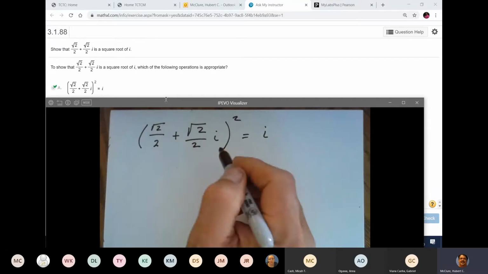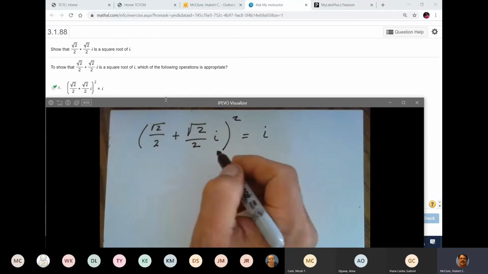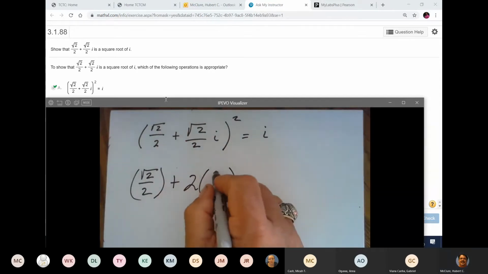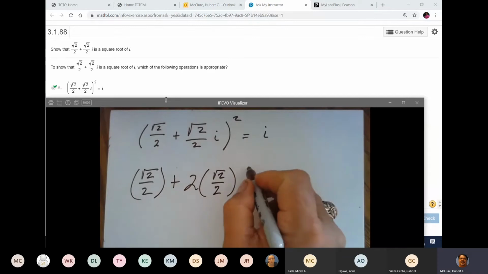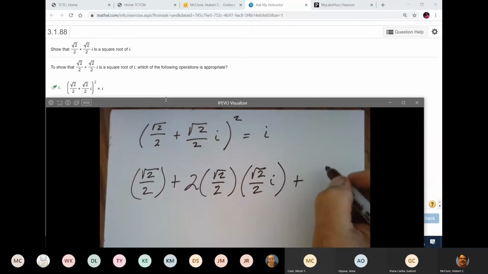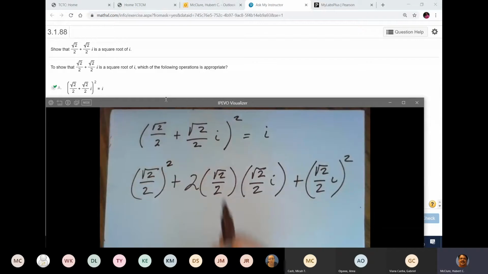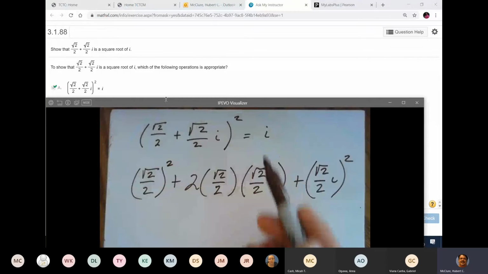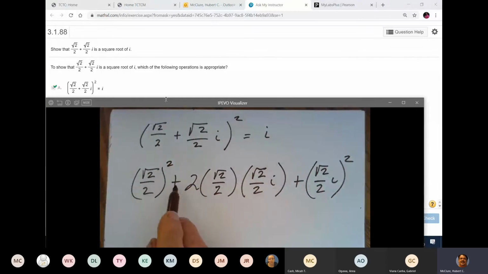Or use shortcut number 2 or number 1, which says A squared plus 2AB plus B squared, square root of 2 over 2i. So (A plus B) quantity squared is equal to A squared plus 2AB plus B squared.